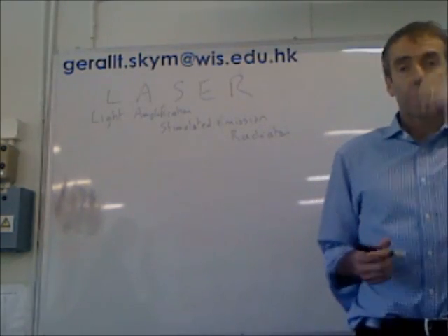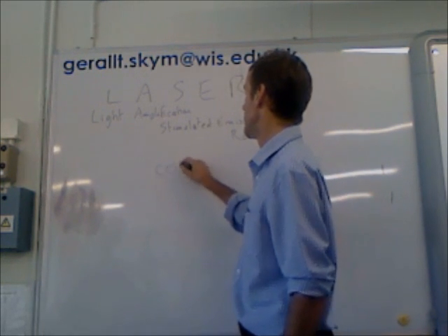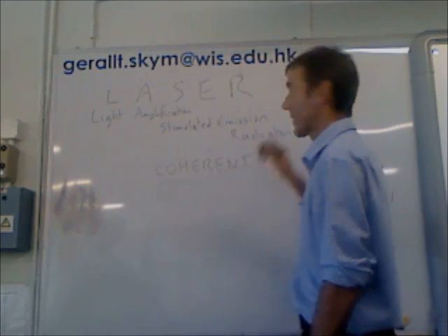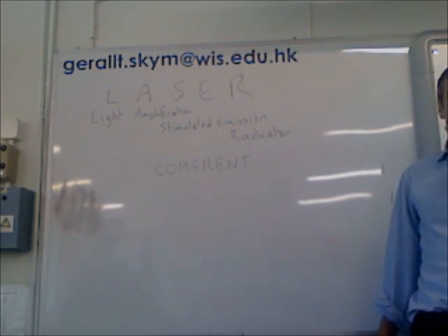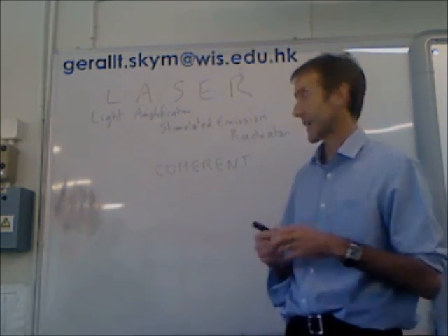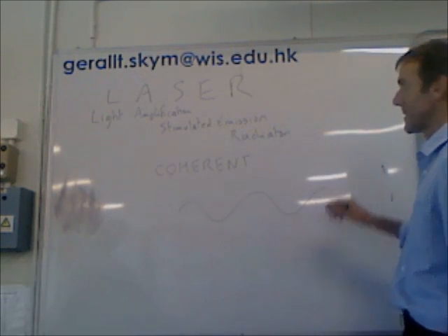Well, the first few keywords you need to know about: coherent. Now, coherent is a word that's very particular for lasers. Most light is not coherent. You've got a light bulb, it's not coherent light. Coherent light is this. You have a wave going up and down.